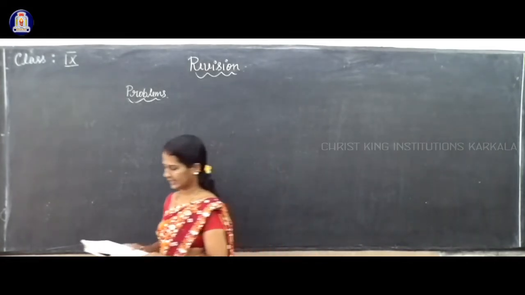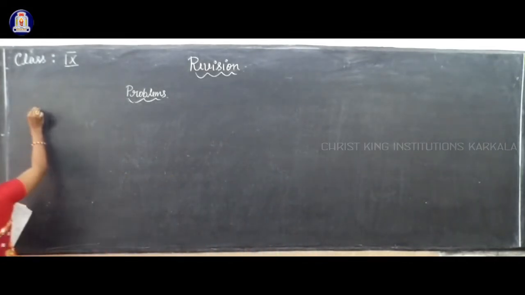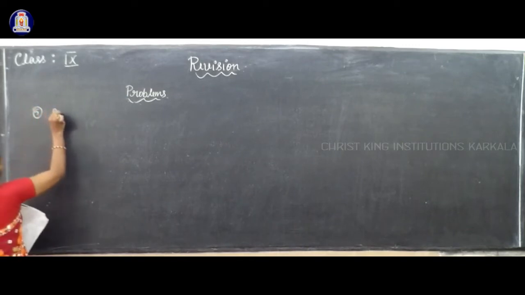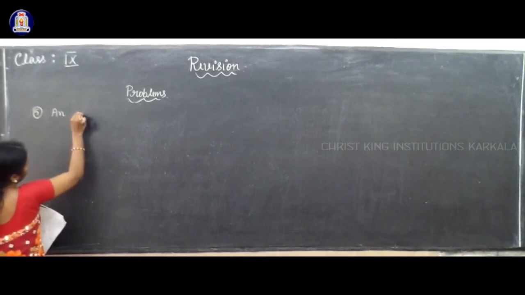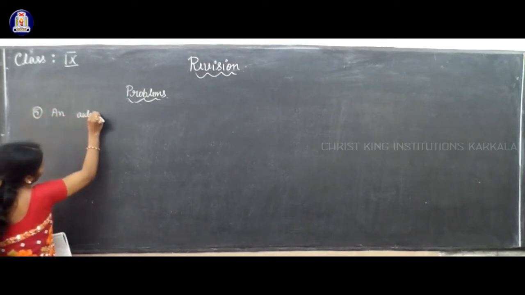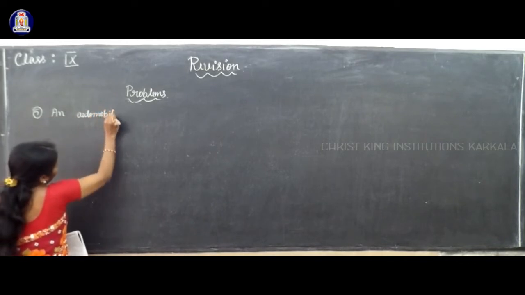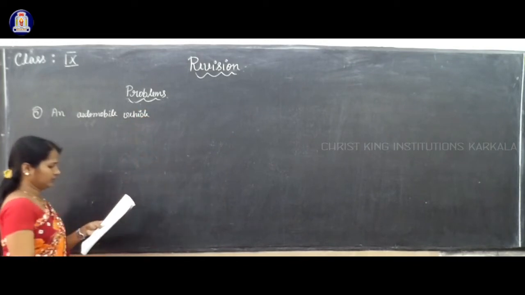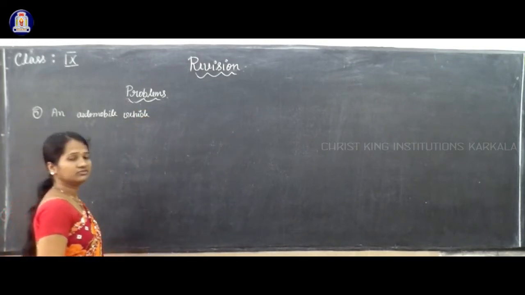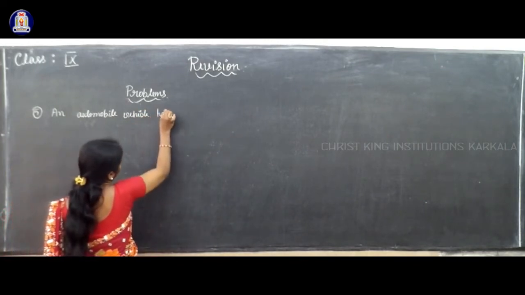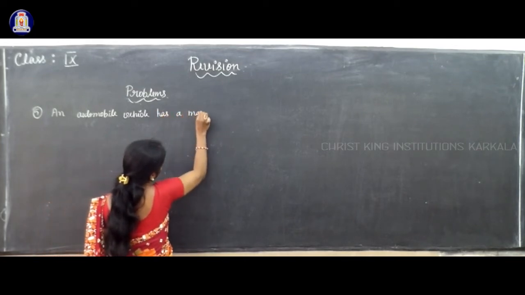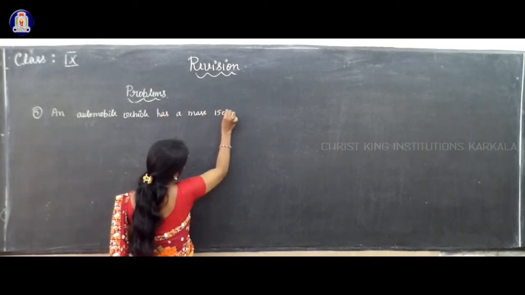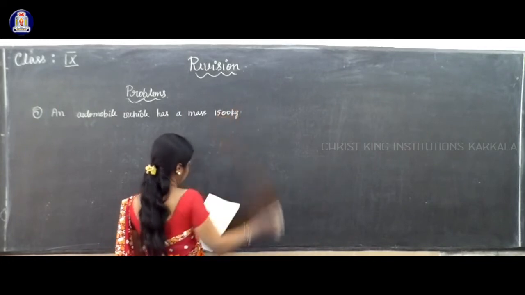Question is like this. Fifth problem. An automobile vehicle has a mass 1500 kg.